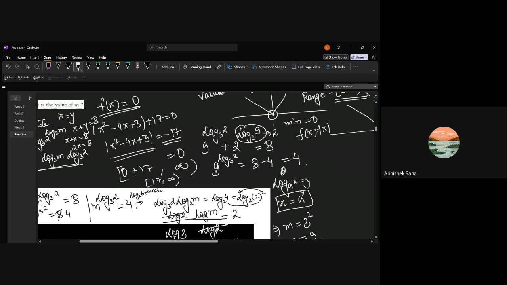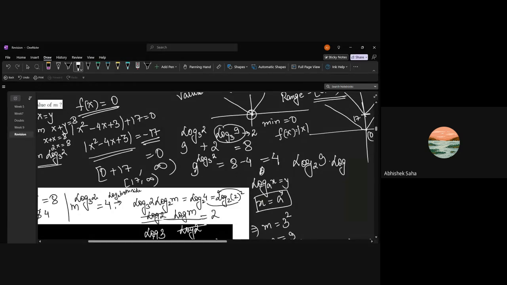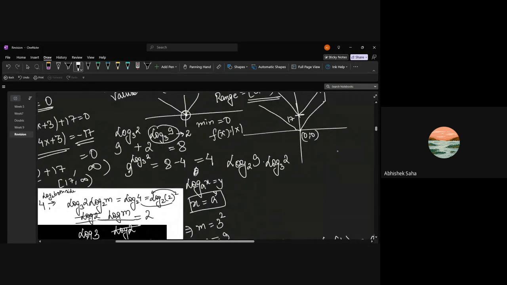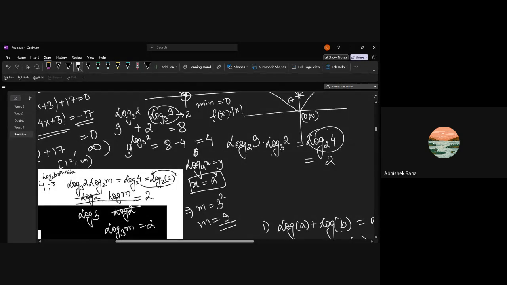Take log to the base 2 on both sides again. So we have log base 2 of 9 into log base 3 of 2 is equal to log base 2 of 4. This is giving again 2, and the power will cancel out, log base 3 of 9 is equal to 2. So 2 is equal to 2, satisfying the equation. Okay, it is satisfying the equation.